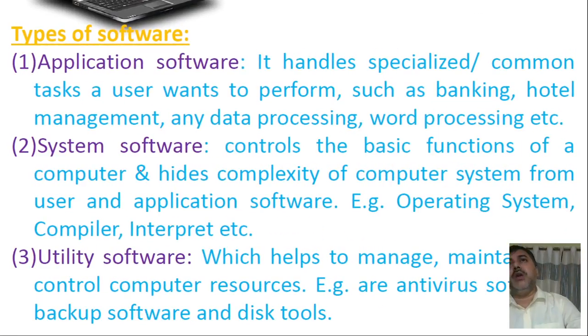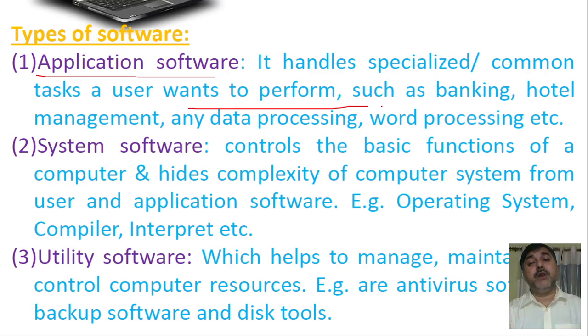Now when we are talking about software, there are different types of software, and we are working with a different pattern of software. First and foremost we have application software. Application software means it handles some specific common tasks that we need to perform, like banking, bank, hotel management, different types of work, all of which will be controlled by it.